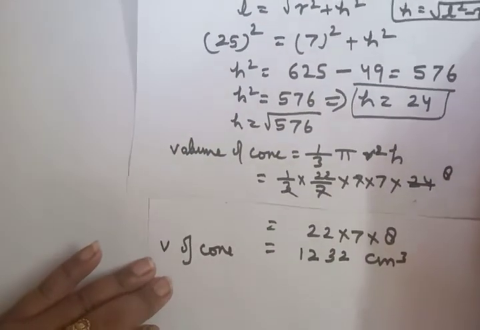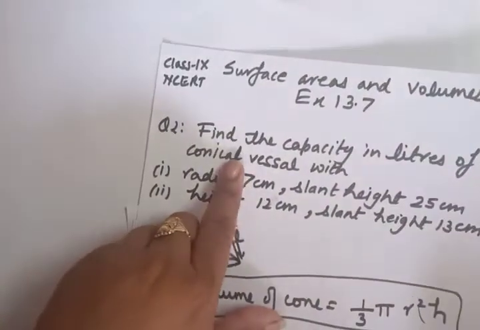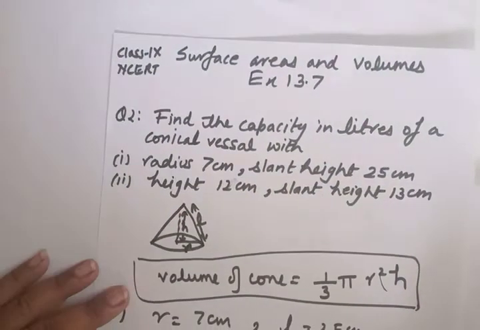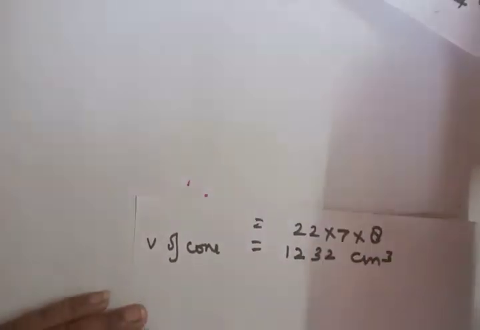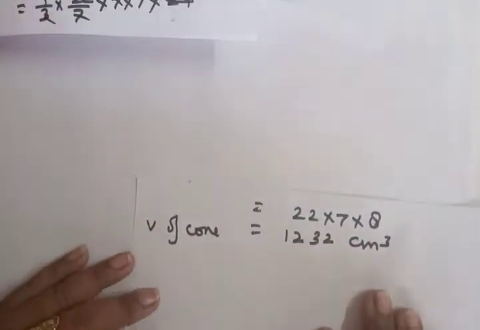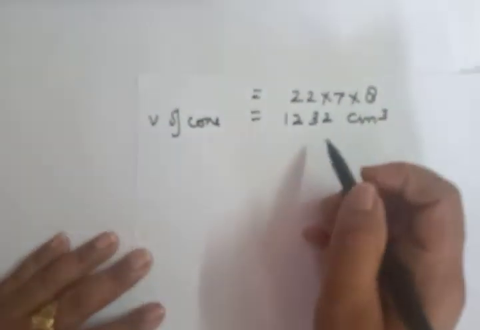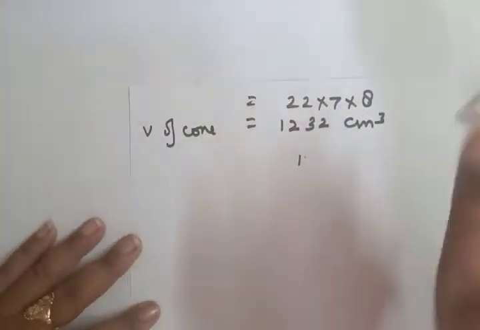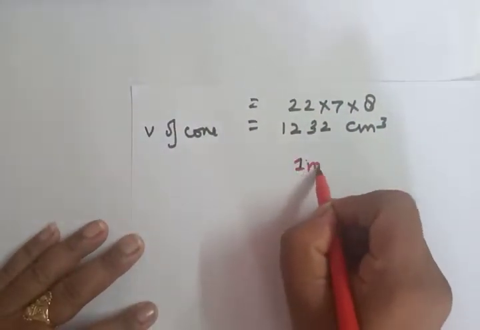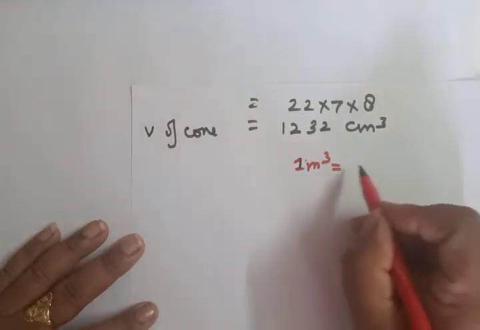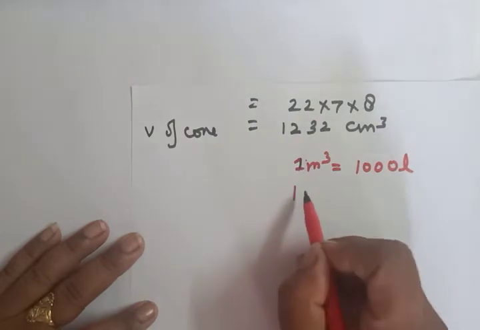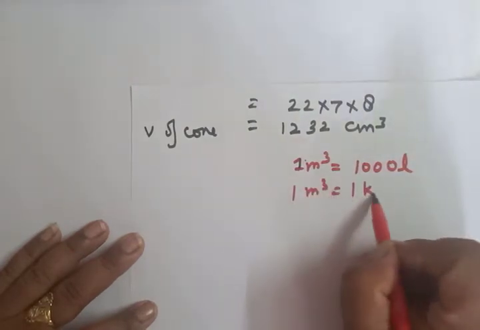Now see, in the question it says find the capacity in liters. We need to find it in liters, so we have to remember a few things. One meter cube is equal to 1000 liter, or we can say 1 meter cube is equal to 1 kiloliter.